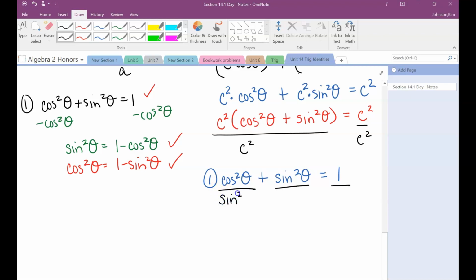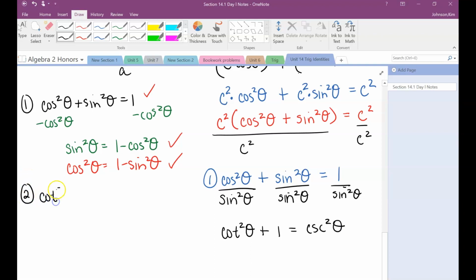So cosine squared of theta over sine squared of theta is just going to be cotangent squared of theta, plus sine squared of theta over sine squared of theta is 1, and 1 over sine squared of theta is cosecant squared of theta. So I get my second Pythagorean identity that says cotangent squared of theta plus 1 is equal to cosecant squared of theta.